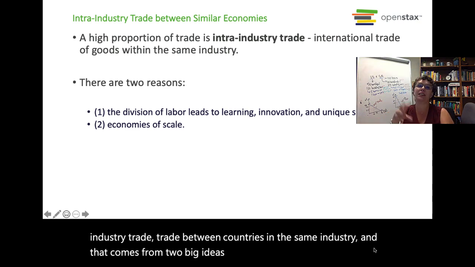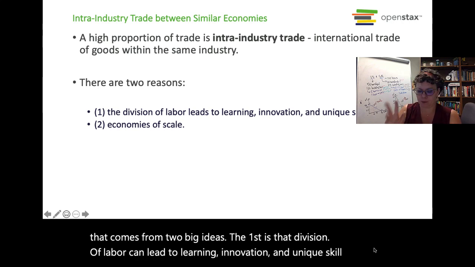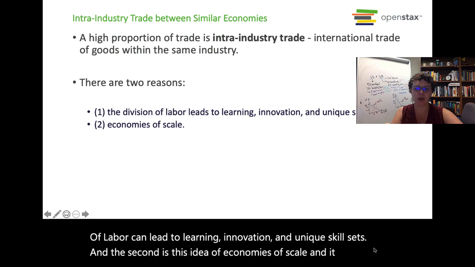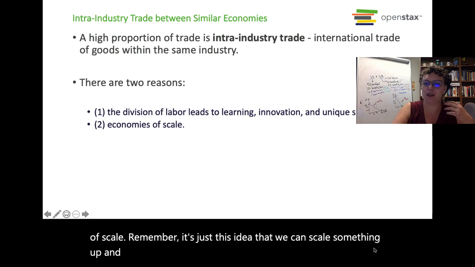The first is that division of labor can lead to learning, innovation, and unique skill sets. And the second is this idea of economies of scale. Economies of scale, remember, is just this idea that we can scale something up and increase the productivity and decrease the cost.